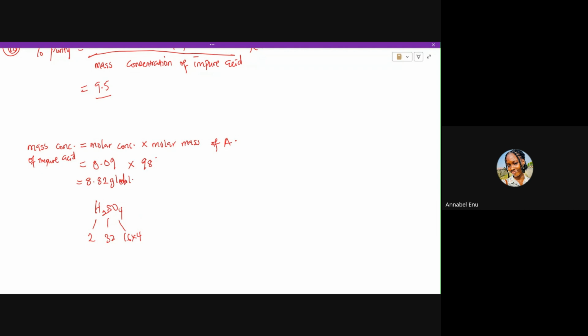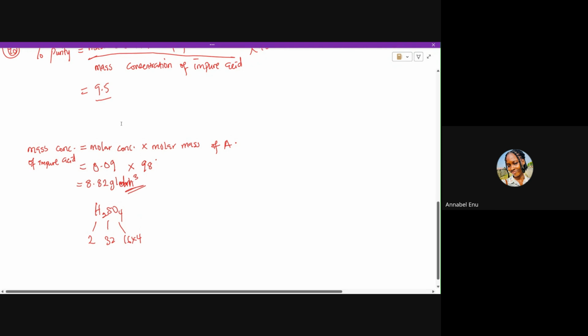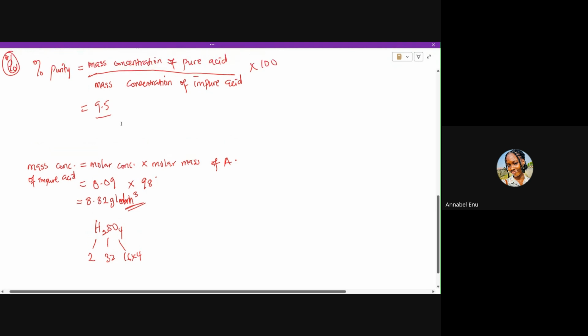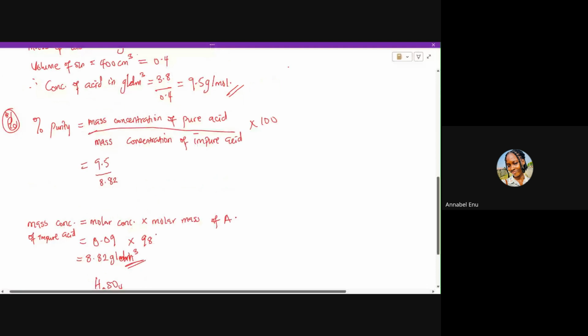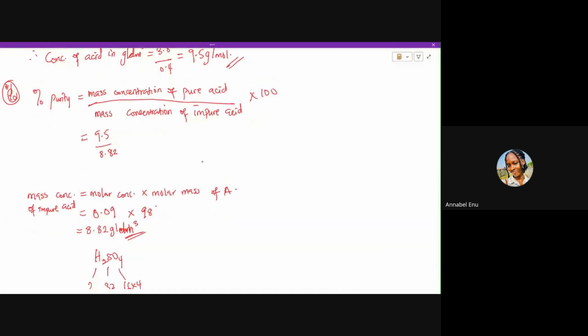Sorry, gram per dm cube. So that is to say we'll fix it back into this equation. Remember, we are looking for percentage purity. So this is going to be divided by 8.82, and this is all times 100.